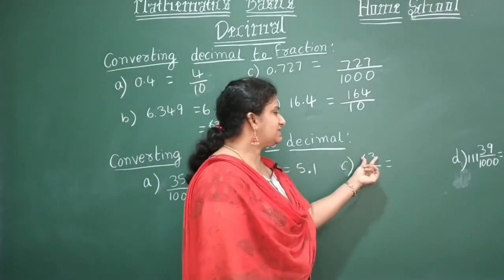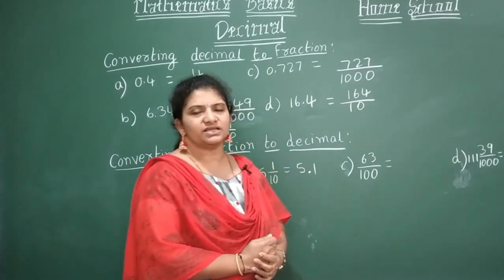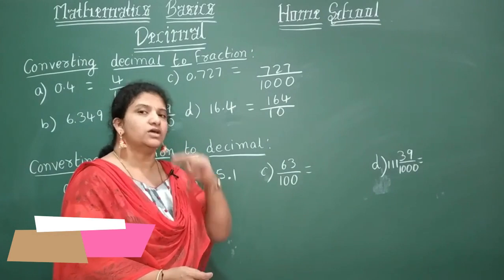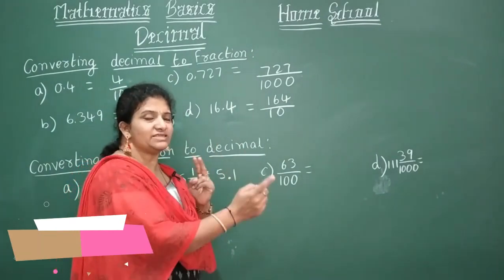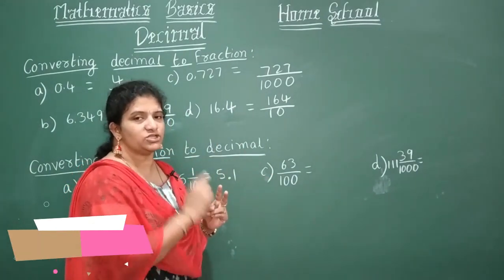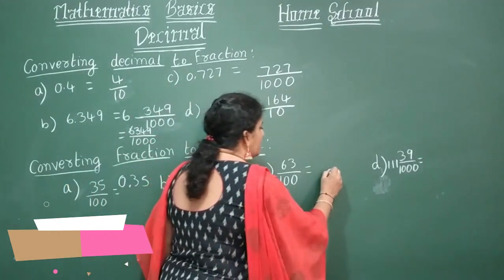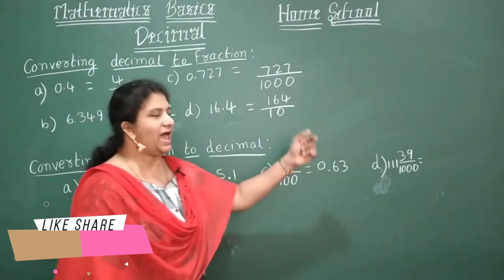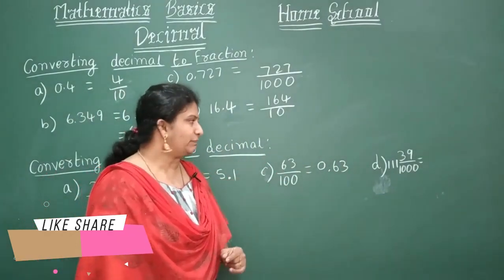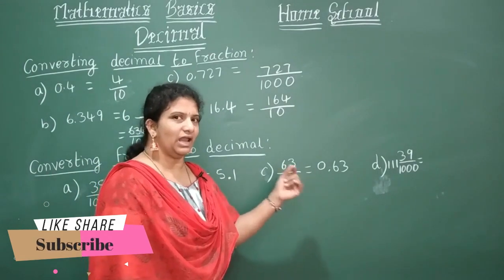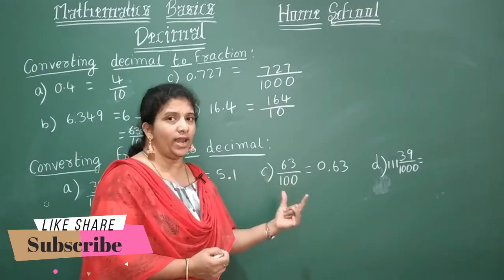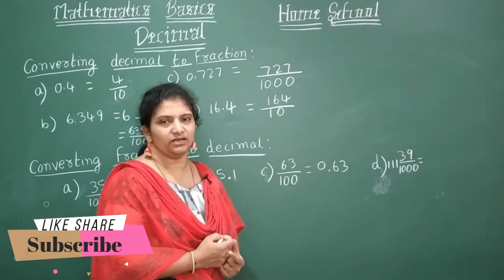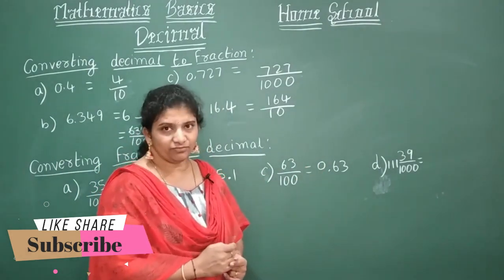Next one. 63 by 100. Observe here, children. 2 zeros are there. 2 zeros means go to the numerator. From the right side, after 2 digits, 2 decimals, you put a point. That is 0.63. Okay. Last sub question here. What is that? 111. What is 111? Whole number followed by a fraction, 39 by 1000. So now observe here carefully, children.